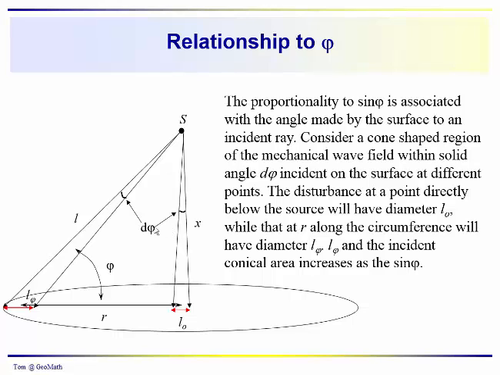If we take a look at this diagram, remember d psi is a really small angle, so it's collapsing onto a ray path which extends down from the source. But notice if we kind of expand it out, the diameter of a cone that extends around the disk, right at this point, the conical region of the mechanical disturbance has a distance L0 for this d psi.